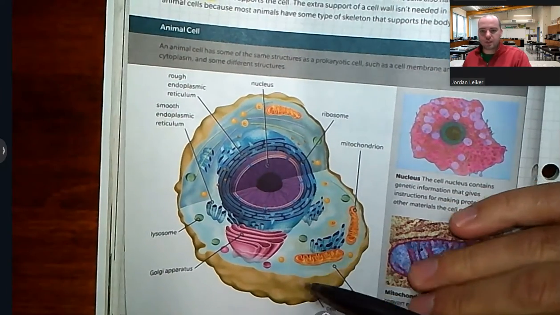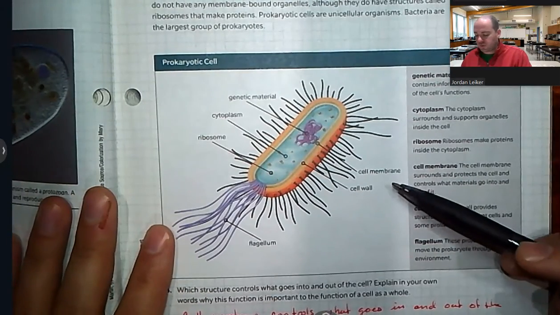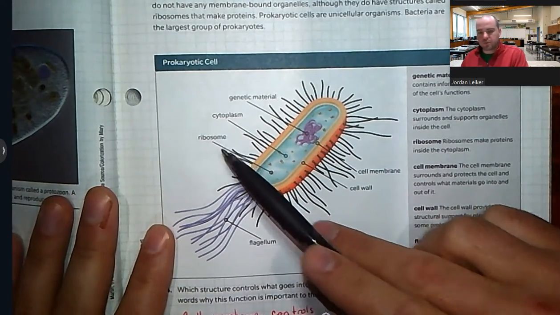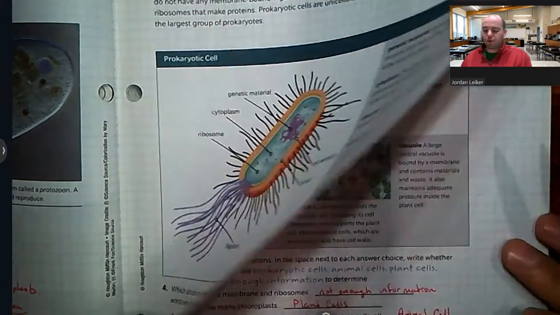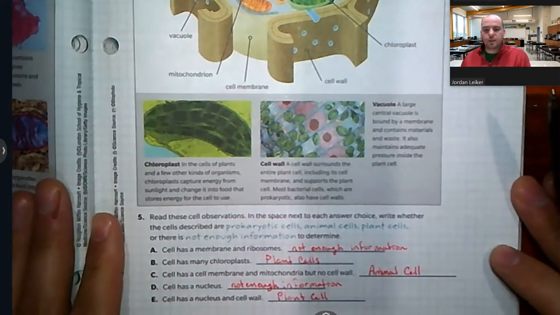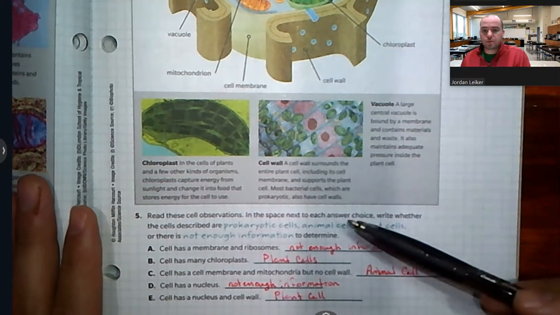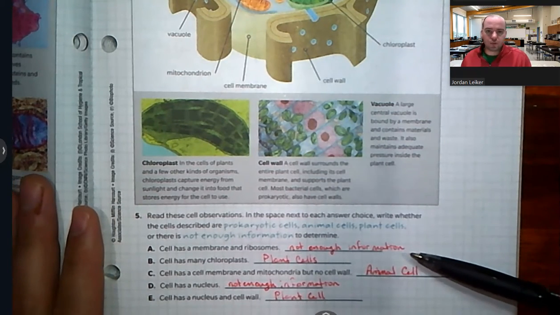An animal cell has a cell membrane, and it also has ribosomes. If we look at our prokaryotic cell, it has a cell membrane, and it has ribosomes. And so, in this case, all three of those cells, plant, animal, and prokaryotic cells, protists, all three of them have a cell membrane and ribosomes. So there's not enough information to tell what type of cell it is.